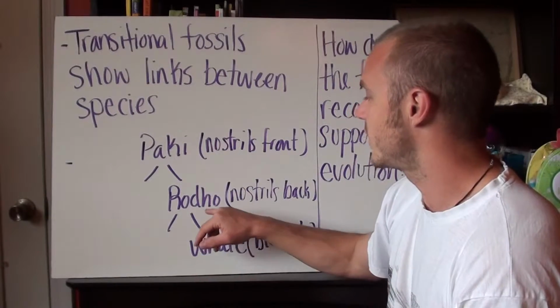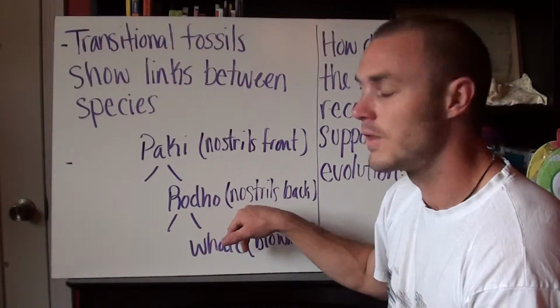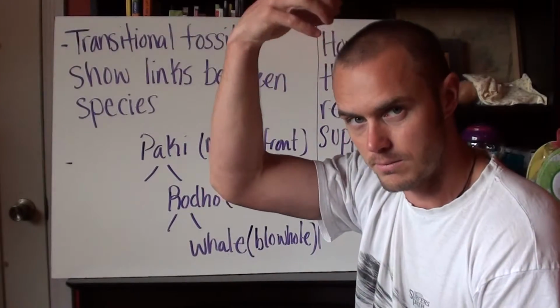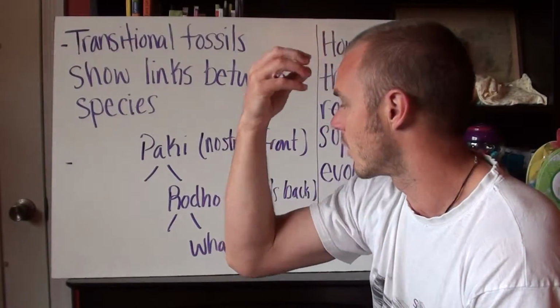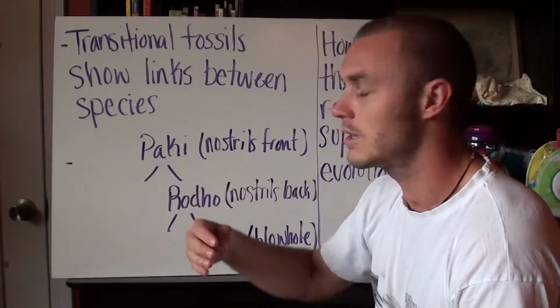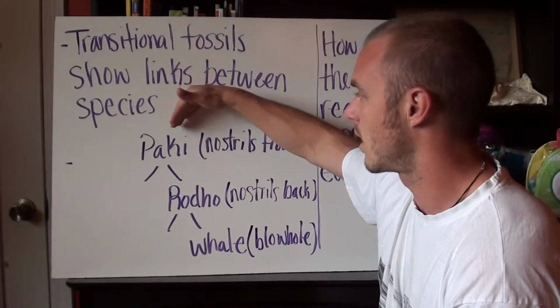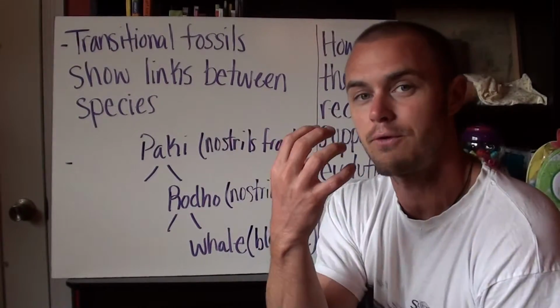If we look at one of its ancestors, you have the Rhodocetus. And here, the nostrils are moving backwards. So the whale's blowhole is here, and the Rhodocetus nostrils are here. Then you go back again to the Pakicetus, and the nostrils are in the front. So if we go from the furthest back to the most recent, nostrils start in the front.